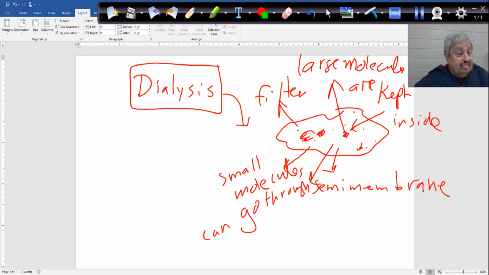All this is why we call the liver the manufacturing factory of the animal body. And the kidney does produce a small, tiny amount of stuff, but very limited. The main thing is it's a filter.